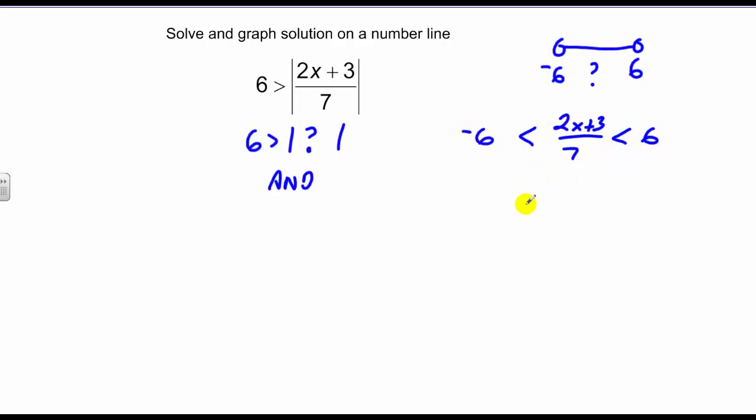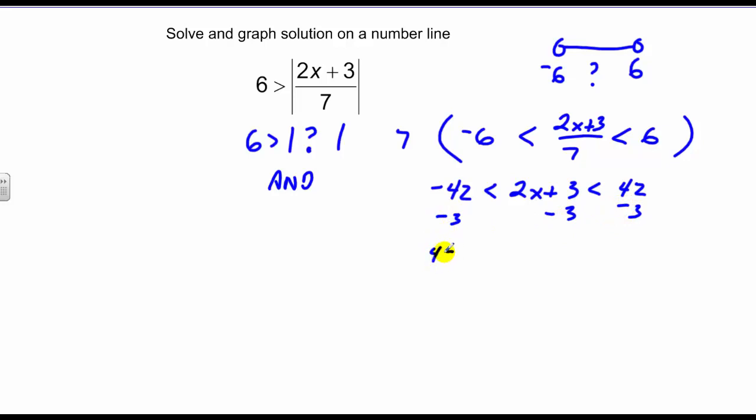If I want to solve for this, I'm going to multiply all sides of my equation by 7 to clear the fraction. I get negative 42 less than 2x plus 3, which is less than 42. I'll then subtract 3 from both sides. Get negative 45 less than 2x less than 39.